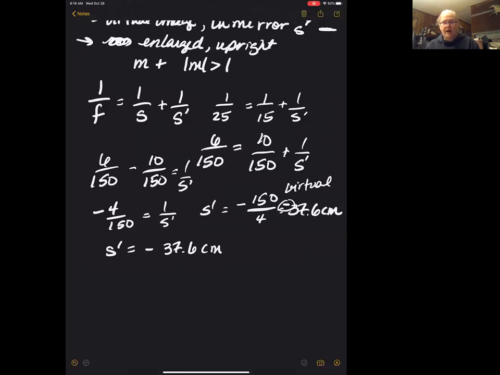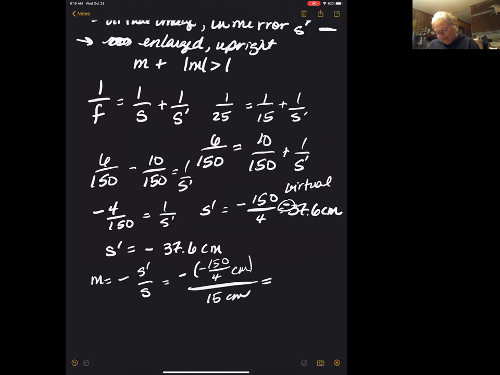Now to find the image height, I use magnification. So magnification is negative S prime over S. That's the definition of it. So I know S prime, and I'm going to actually leave it as 150 over 4 because I can do that easier. And S is 15.